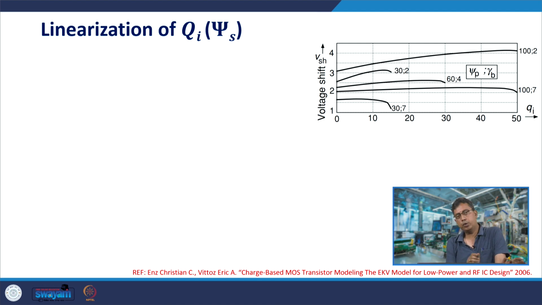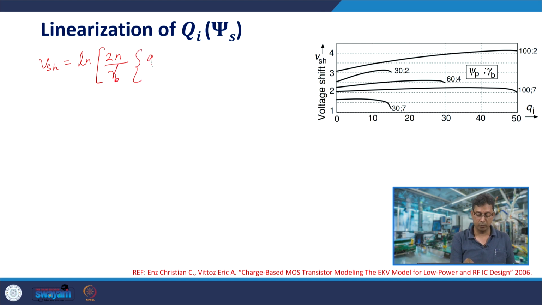We will see this through example problems, but as the value of Qi changes, what is the actual value of VSH? VSH we had derived as natural logarithm of gamma b, 2n by gamma b plus 2 times square root of chi p minus 2 qi.